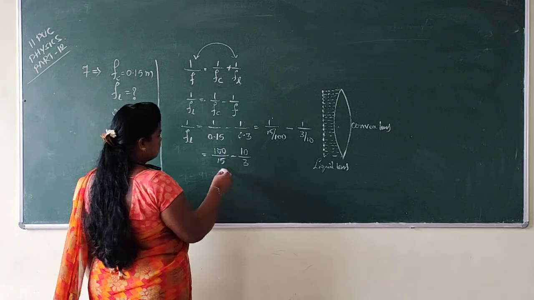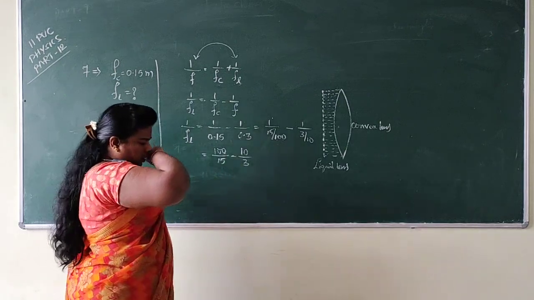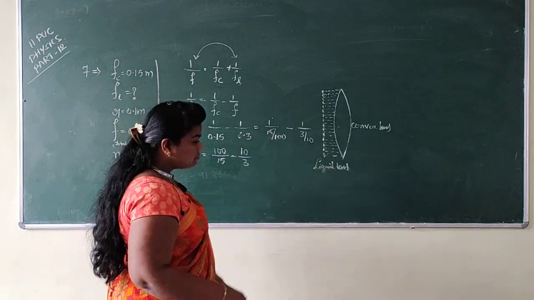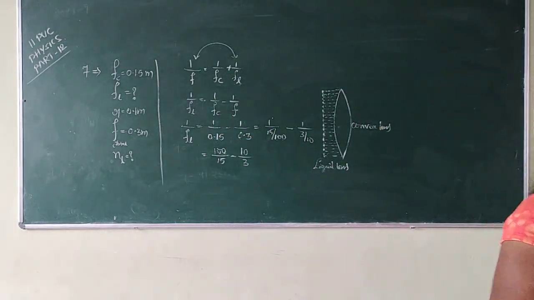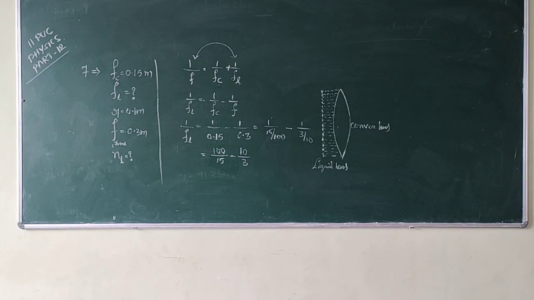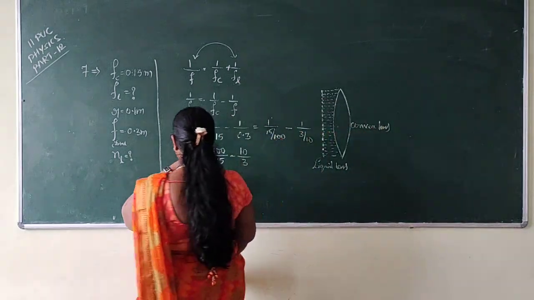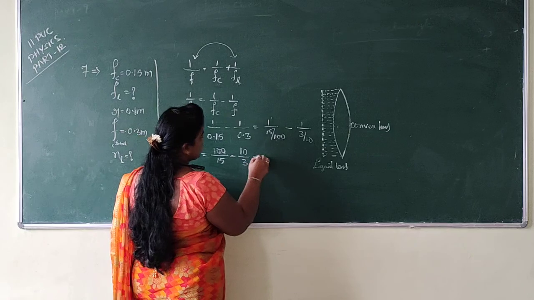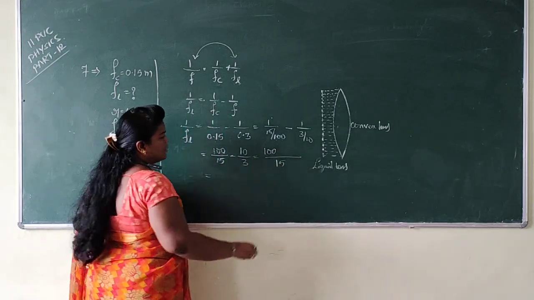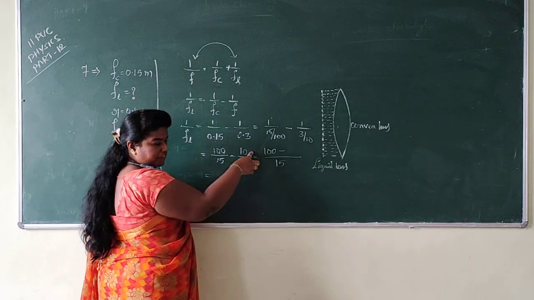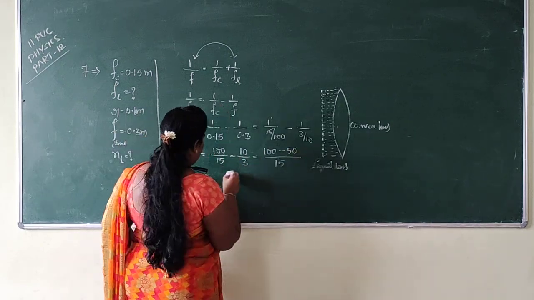You can even do it directly with the help of a calculator. Or else, if the conversion was difficult, you can convert it this way. So the LCM is 15. In the numerator we have 100 minus 3 into 10, which is 50.